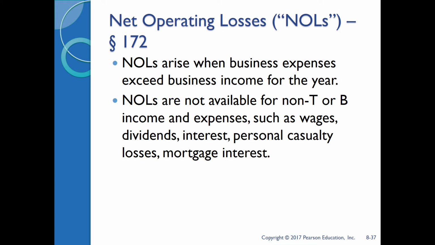Net operating losses under Section 172. So NOLs arise when business expenses exceed business income for the year. NOLs are not available for non-trader business income and expenses such as wages, dividends, interest, personal casualty losses, and mortgage interest.